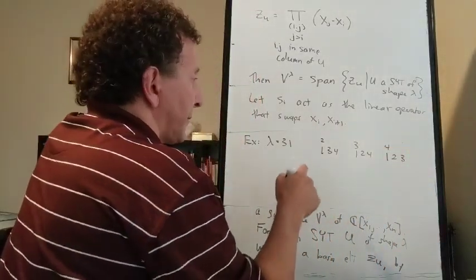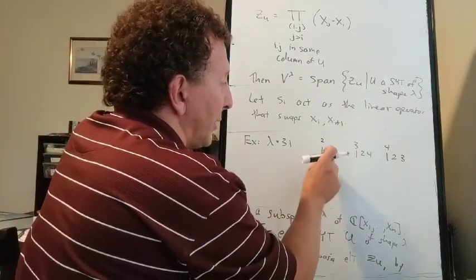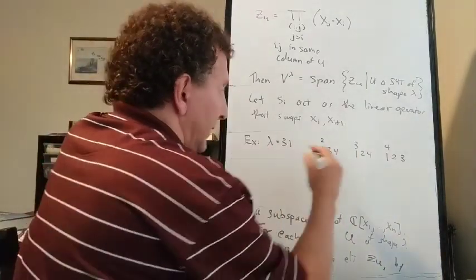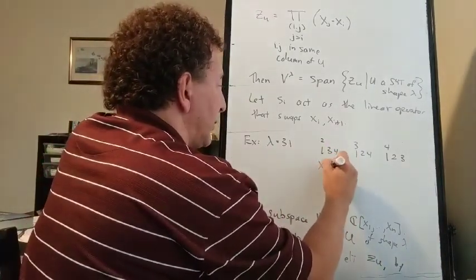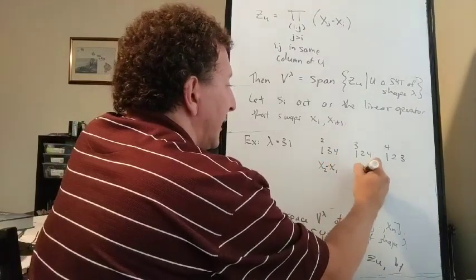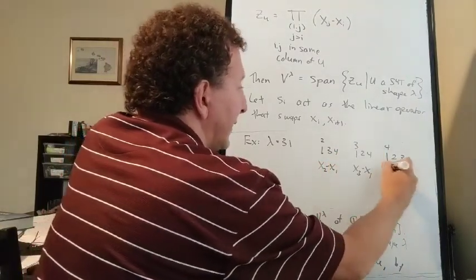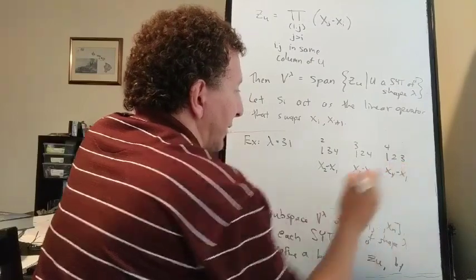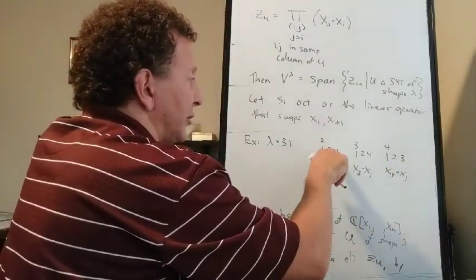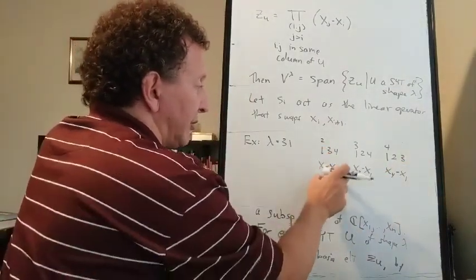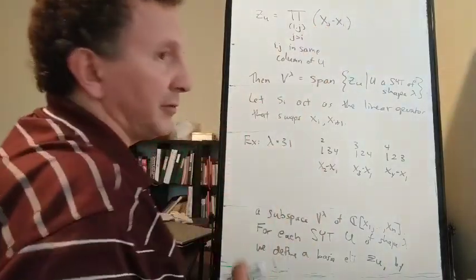Each of these only has one column with 2 indices in it. So this is going to correspond to x2 minus x1, x3 minus x1 for this one, and then x4 minus x1 for the last one. Any column that has only one index in it doesn't contribute to this product of differences of variables.